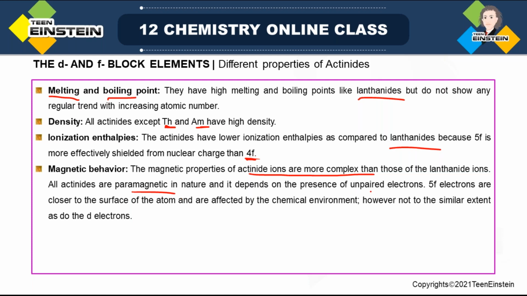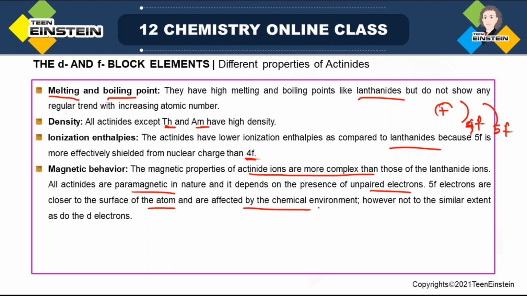Okay, fine. Now these 5f electrons, they are closer to the surface of the atom. So if we consider, suppose this is nucleus, and if it is 4f, obviously now 5f is far from nucleus. That means we can say that it is closer to the surface area of the atom.